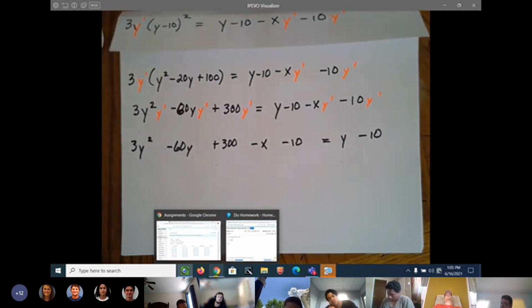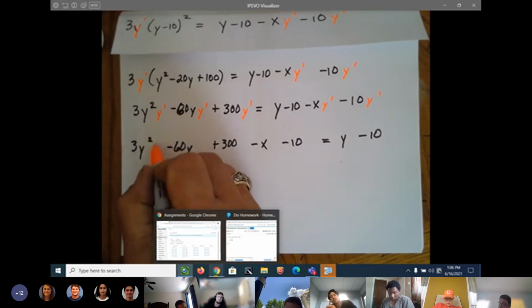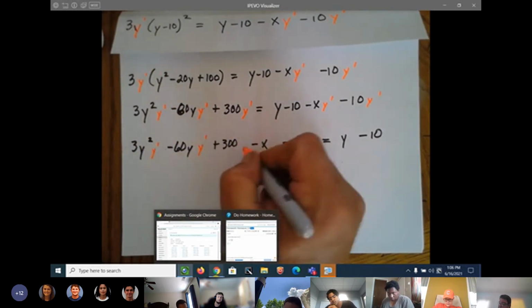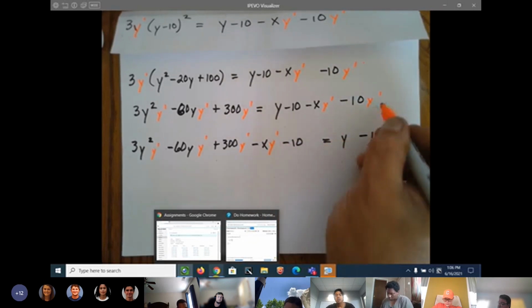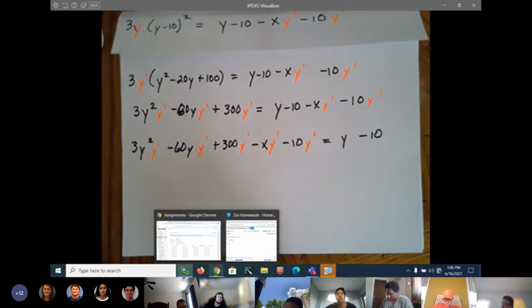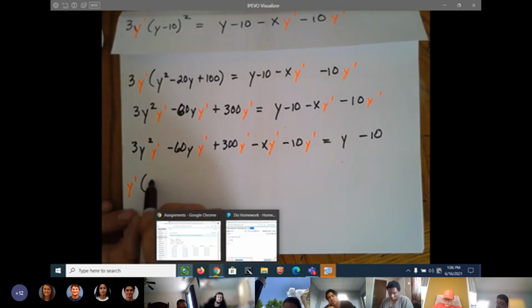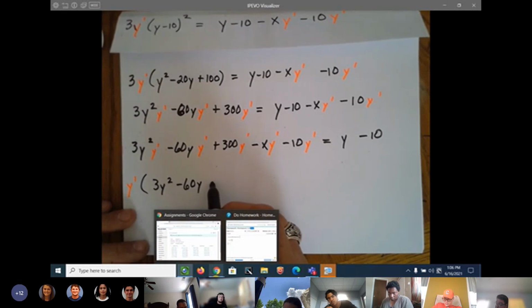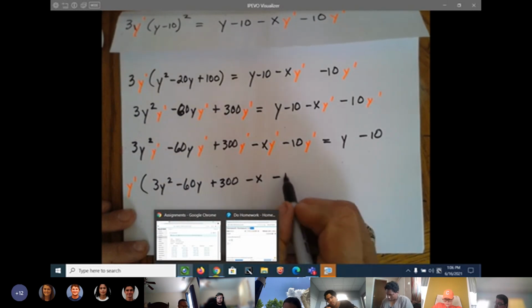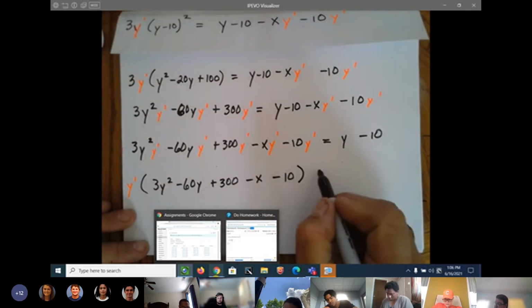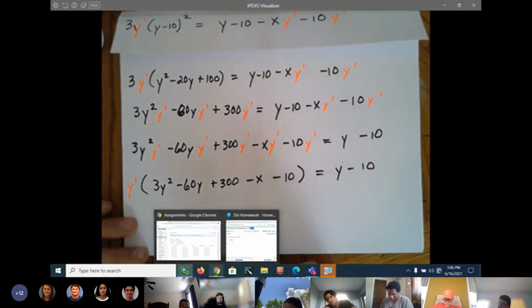And this is y prime here, y prime here, y prime here, y prime here, and y prime here. And of course the y prime comes out. That leaves you with 3y squared minus 60y plus 300 minus x minus 10 equals y minus 10.